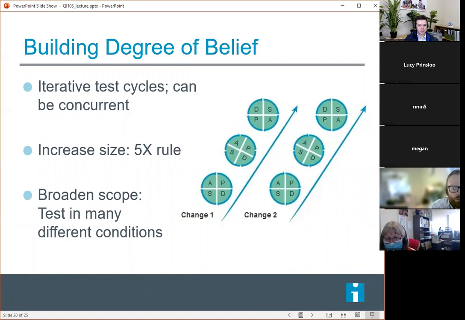It really is much easier if you think about the first PDSA change as almost as if we were doing normal business. An example of that is when I implemented a day case abscess pathway in Canterbury, the first PDSA cycle was one patient. And I knew this would work.